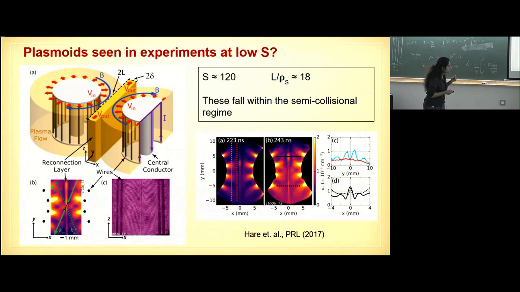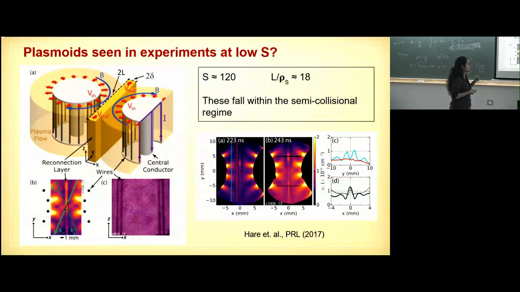What I show over here are electron density maps they get from laser-based instruments, and they can get lineouts from the reconnecting layer, and in the lineouts they see several bumps, which is indicative of potentially plasmoids that are coming up in the reconnection layer.